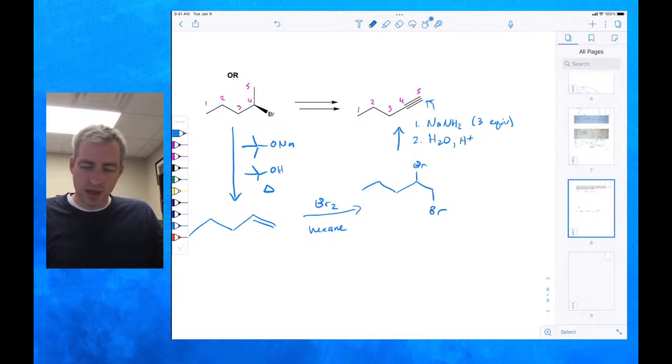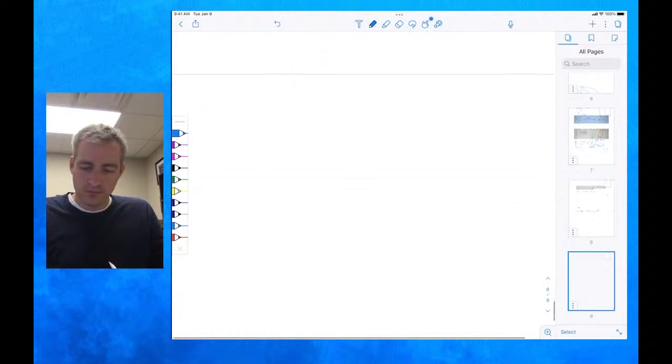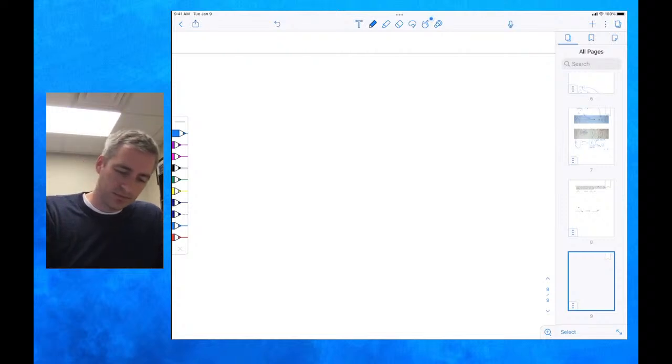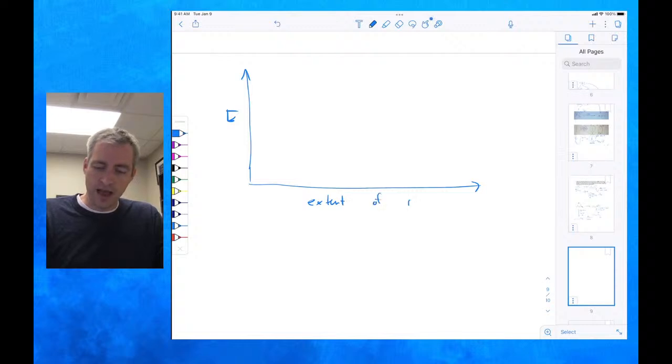Oh, I was asked by email to do an example with potential energy diagrams. So, potential energy diagrams basically look like this. There's a scale, there's energy, and on this scale it's sort of like extent of reaction.